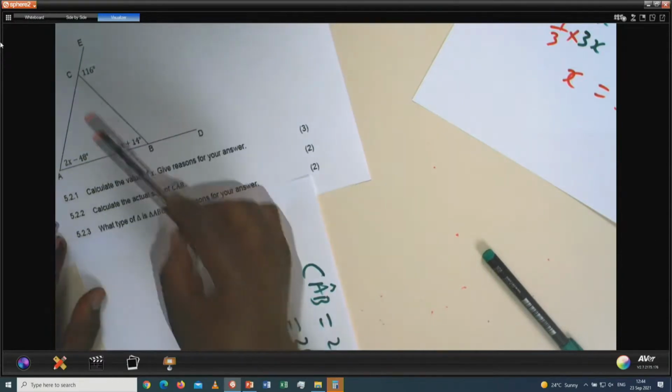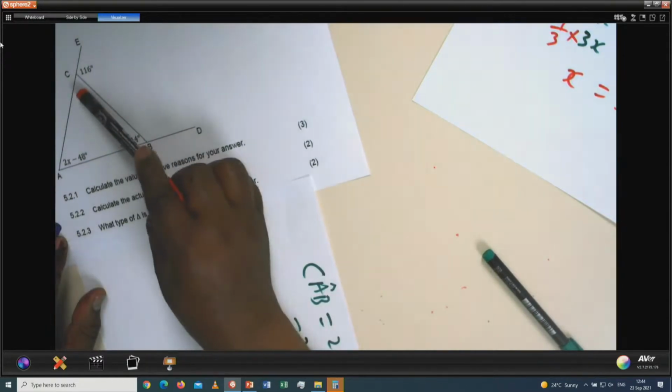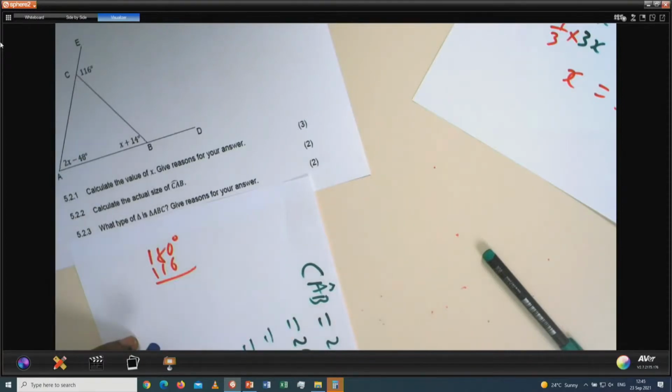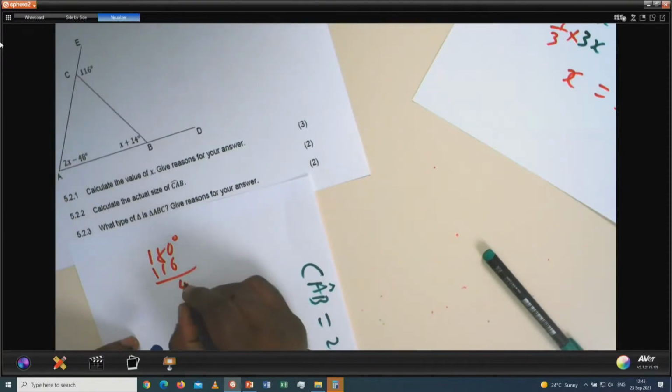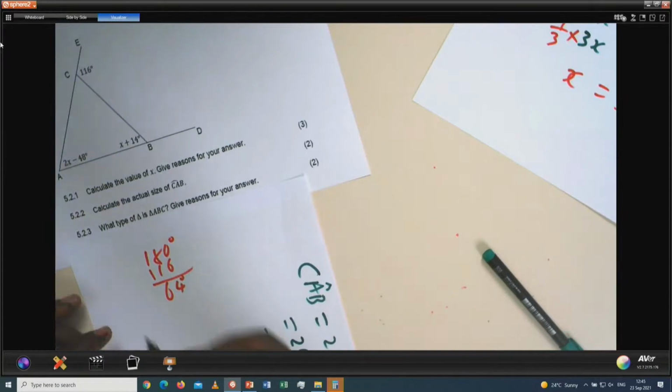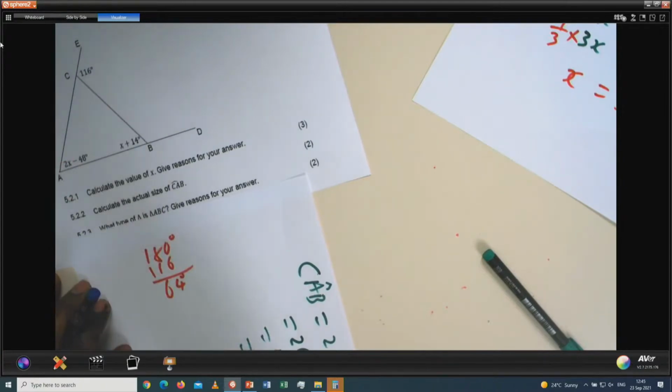This one we know the size of, we just say 180 degrees minus 116 degrees. 10 minus 6 is 4, 7 minus 1 is 6. Therefore, that one is 64 degrees. We have just calculated this one is 52 degrees.